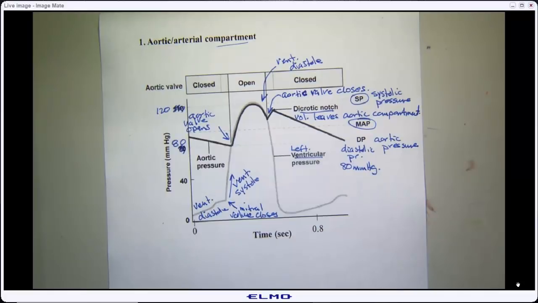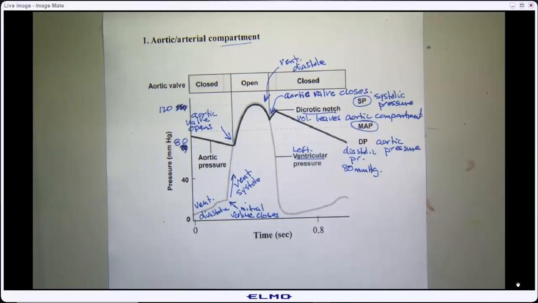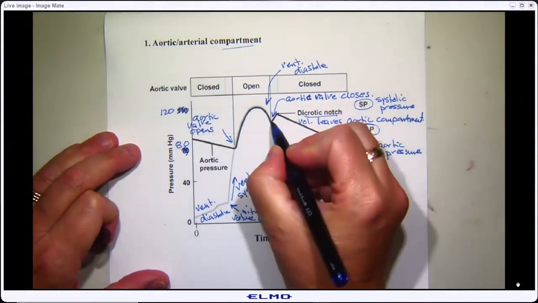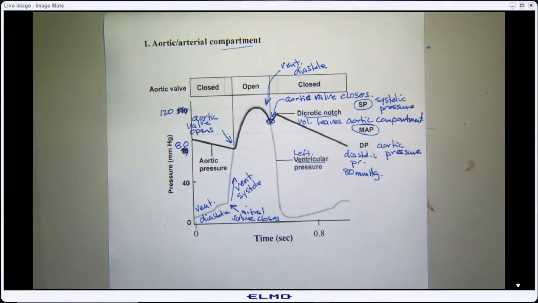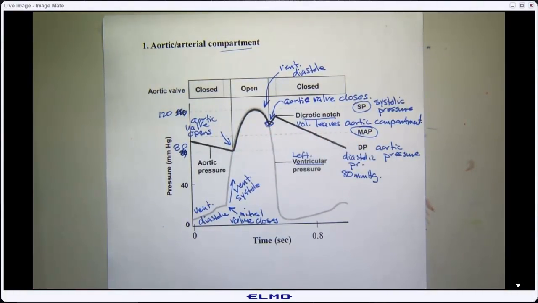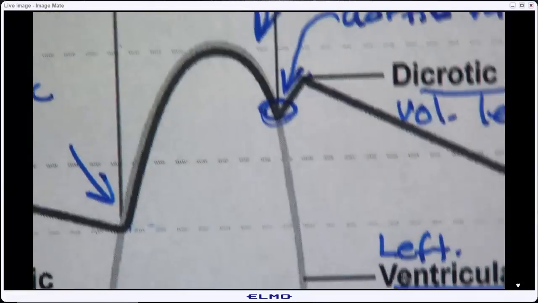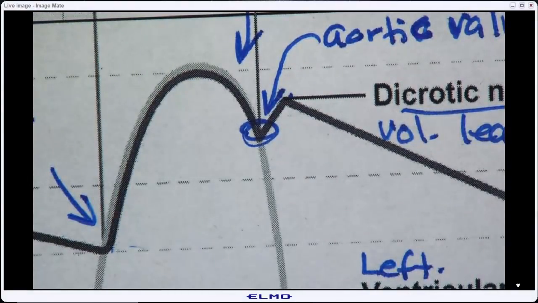So can I help you differentiate between the aortic or the dicrotic notch and the aortic valve closing? The aortic valve absolutely closes, it's closed right in there. I haven't depicted it as a specific point. That's where aortic pressure becomes slightly greater than ventricular pressure.